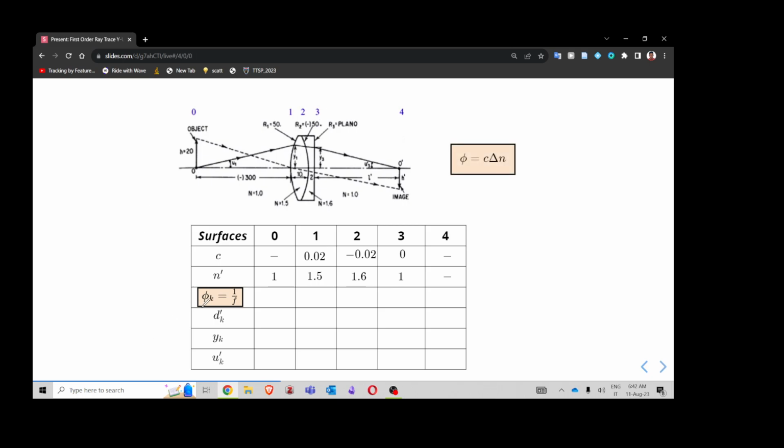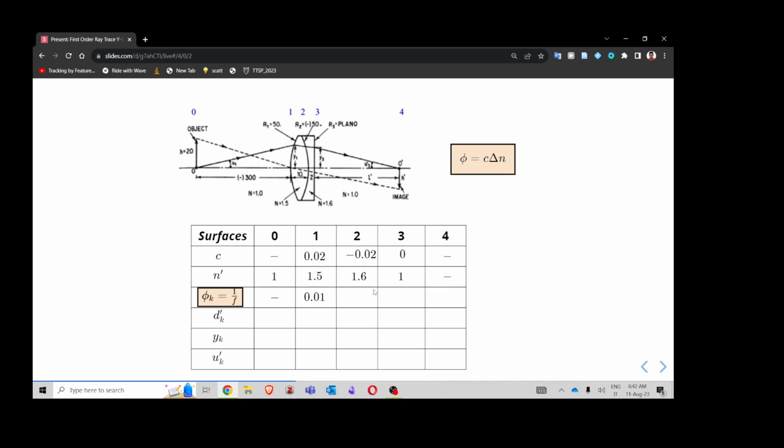Power is the curvature times the difference of index of refraction, right? For the zeroth surface, there is nothing because there is no curvature, or it's meaningless. For the first surface, the power is 0.02 into 1.5 minus 1, which is 0.5 into 0.02, so it is 0.01, right?